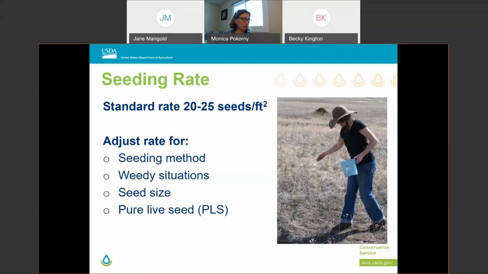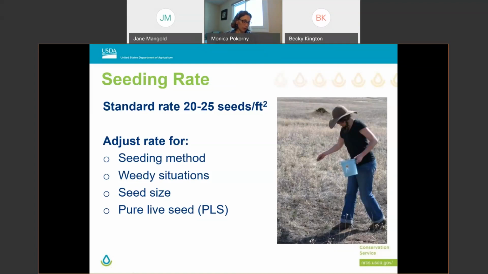And whenever you're ordering seed or you're putting together a seed mix, it's really important to buy your seed and specify that you want the seed to be in pure live seed, so PLS. It is the seed industry way of describing the percentage of that quantity of seed that's going to germinate.